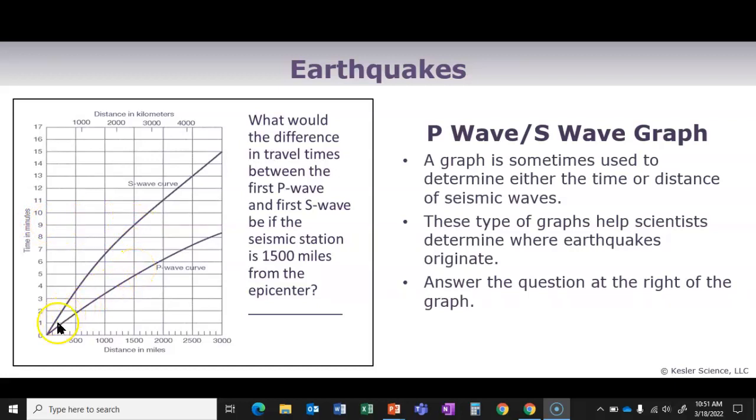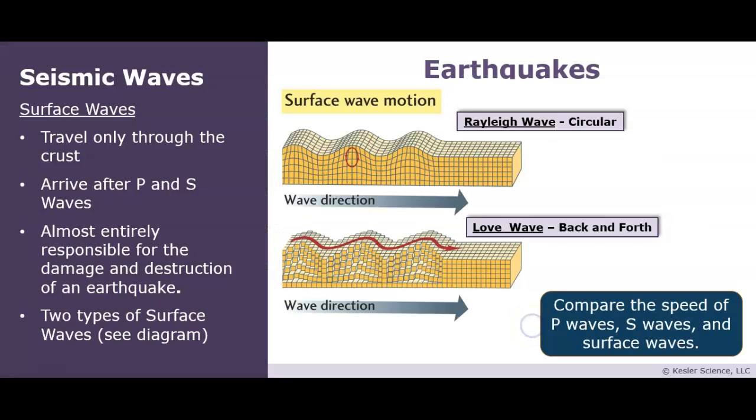You can see that as the P wave continues to travel, the S wave actually slows down further and further. And so how far away the P wave and S wave are from each other can help a scientist to determine exactly where that earthquake started.